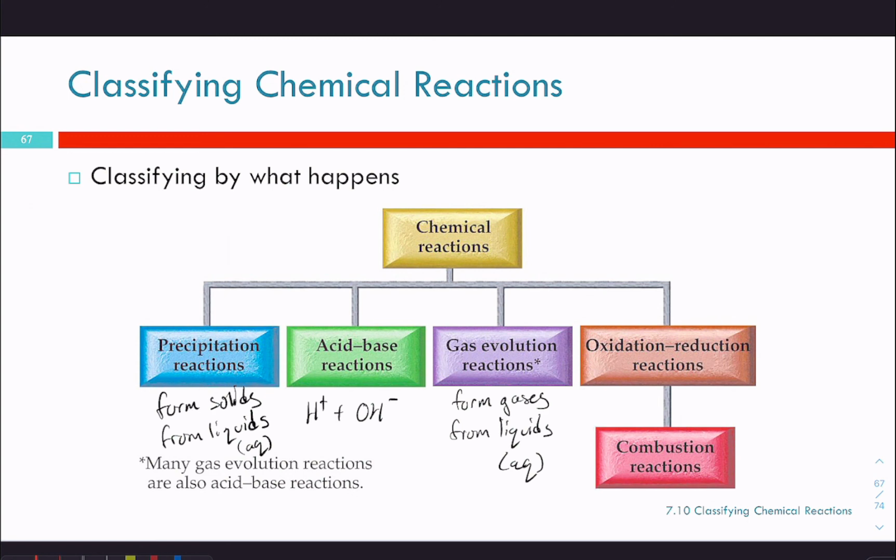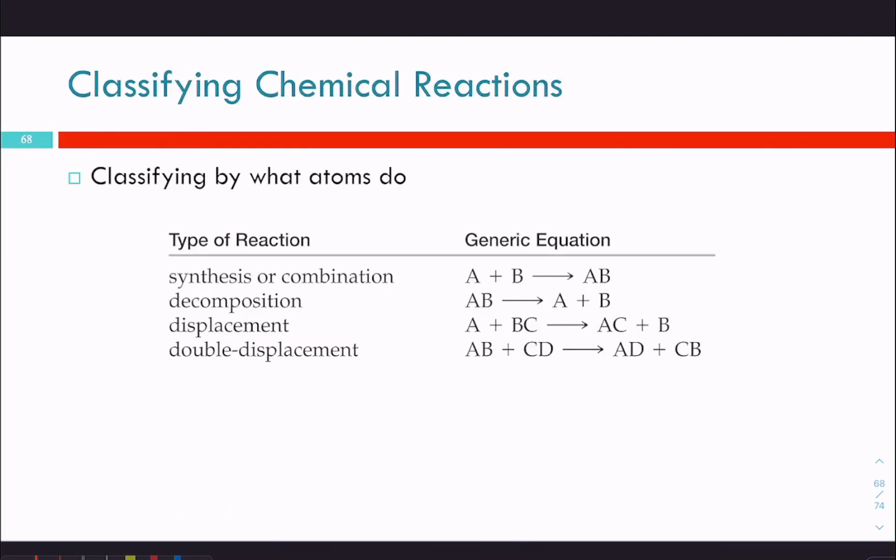We can take this one step further by talking about what's happening with the atoms. So rather than classifying them by what type of product we get out of it, we have these other types of reaction classifications. So you can have a synthesis or combination reaction. You're taking two separate things, combining them together, and getting a single product.